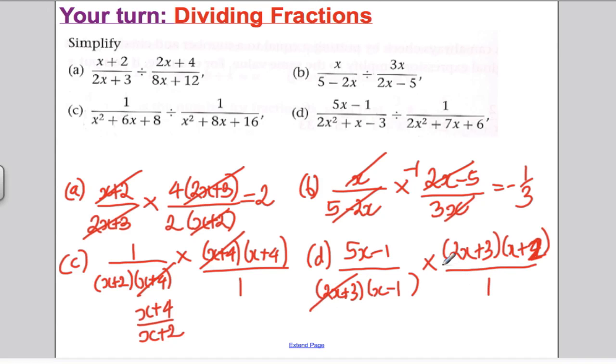The 2x plus 3 cancel with that 2x plus 3, and then you'd just be left with 5x minus 1, x plus 2, all over x minus 1. And you're done. And that is dividing fractions.